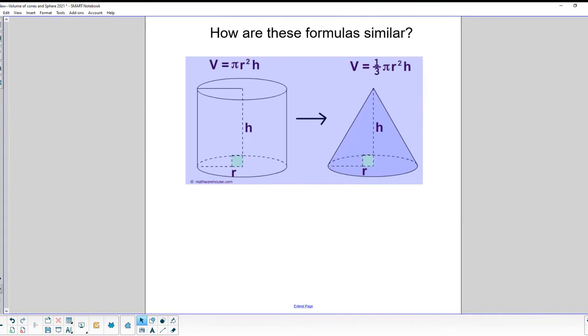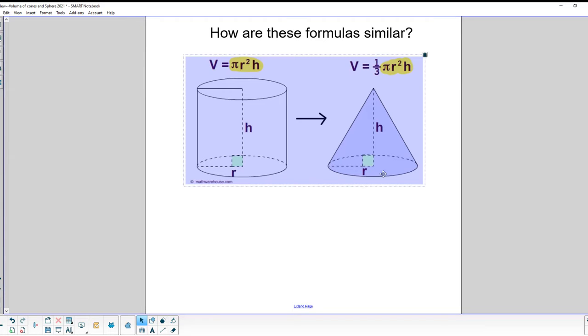Okay, here's a cylinder, and here's a cone of the same height and same radius. You can see that the cone goes down to a point, whereas the cylinder stays the same radius all the way up. The formulas for each are the same in that you have pi r squared times the height.